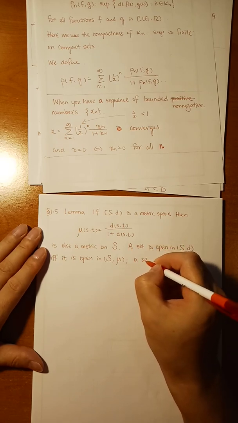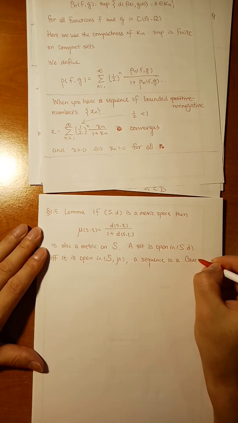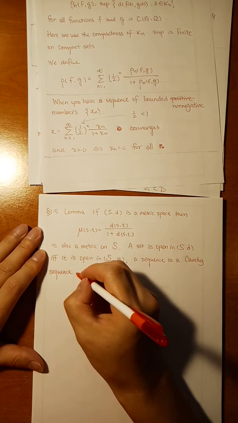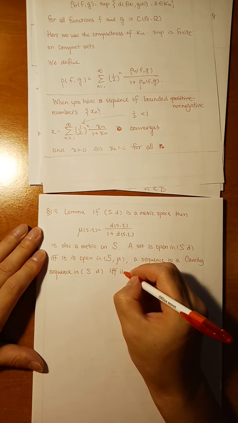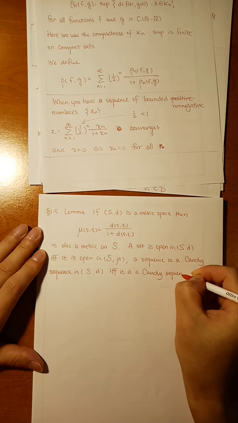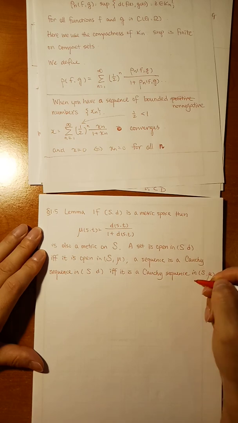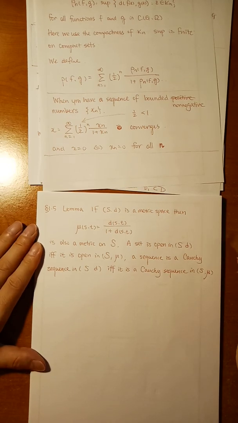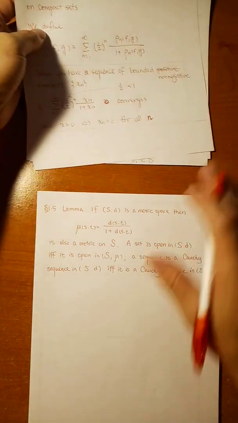A sequence is a Cauchy sequence in (S, d) if and only if it is a Cauchy sequence in (S, mu). So the limits are equivalent, the openness is equivalent. Whenever we have this, we will say they have the same topology. All the continuous function theory can be transferred from one to the other. All right?